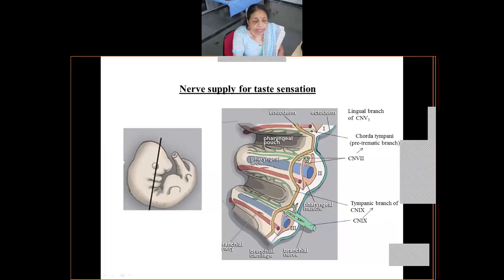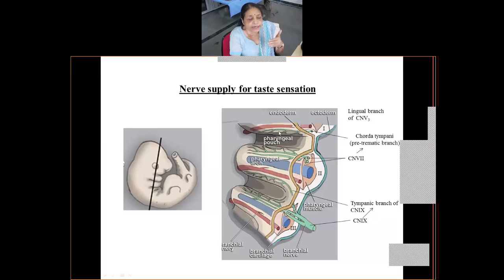Now that facial nerve gives a branch which will go above the first cleft. It is known as the pretrematic branch, because trema means cleft. This is the first pouch, and on the other side there is the cleft. So it goes above the cleft and enters into the first arch.